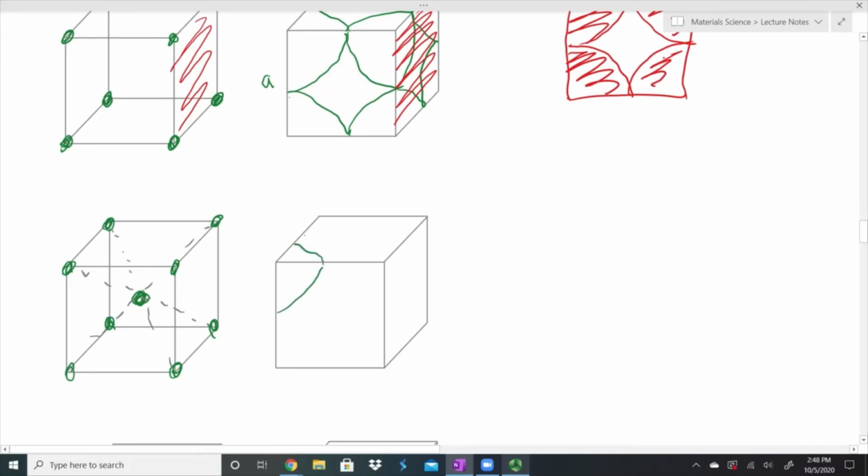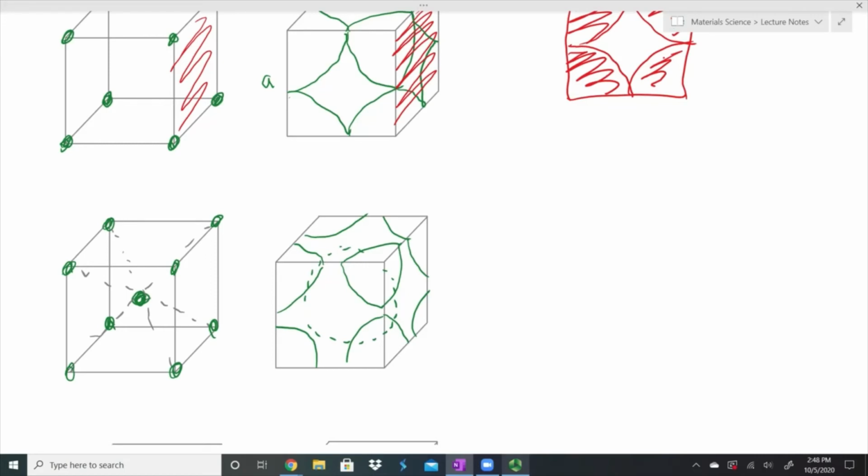And so as I draw this simple cubic structure, my atoms are no longer touching on the edge. They're not touching on the edge because somewhere in the middle, and again, I'm not an artist, so I apologize, hopefully you can visualize this, I have an atom that is pushing all those things apart. It's stretching that simple cubic structure.